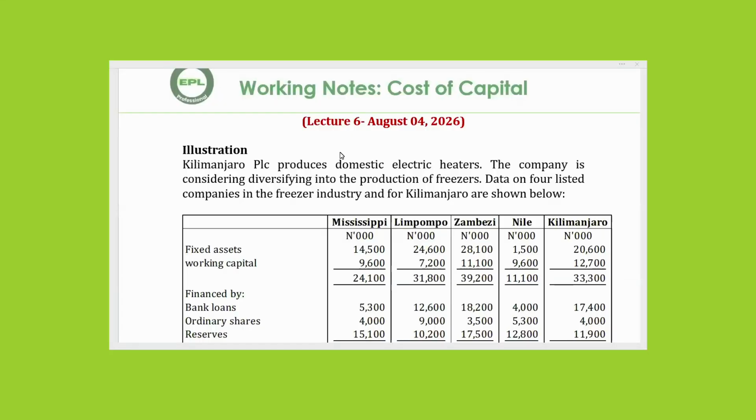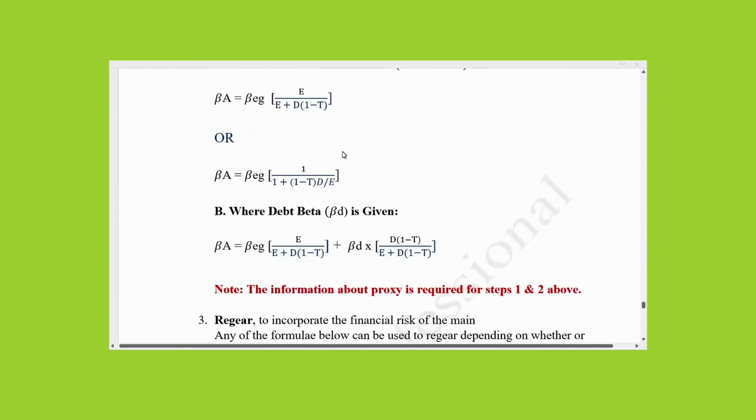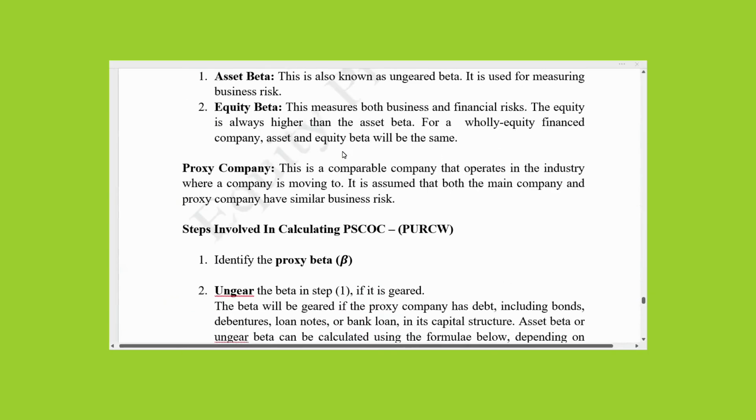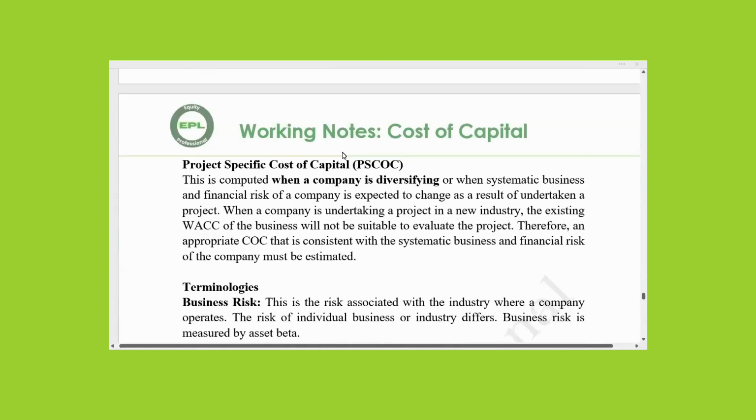All right. So today we are going to have an illustration on project-specific cost of capital. In our last class, we discussed all the relevant concepts in relation to project-specific cost of capital.